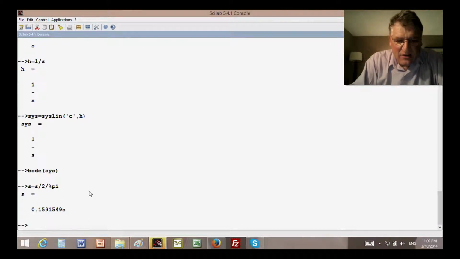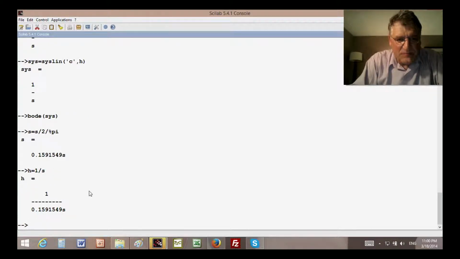The scaling effect does exactly what we want. If we define now H as 1 over S, after having defined S this way, we obtain kind of a strange H because of this 0.159 factor. But this 0.159 factor is exactly the factor 2 pi that we need.